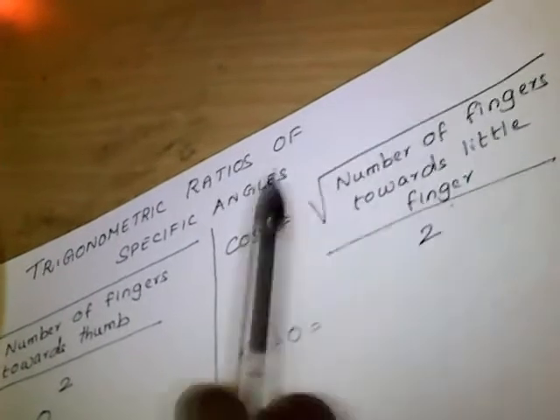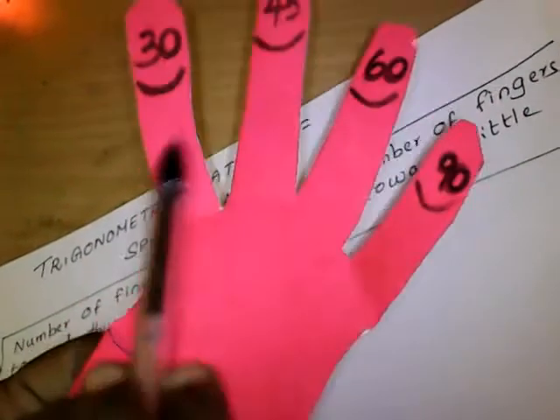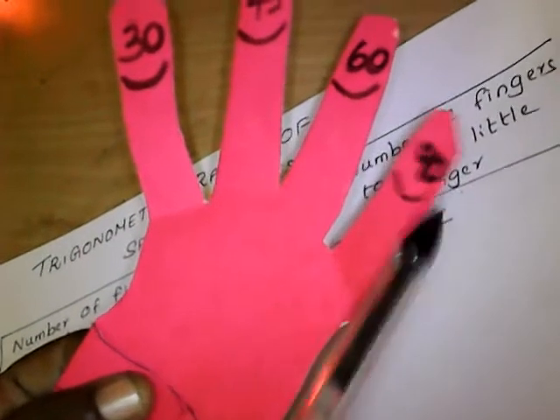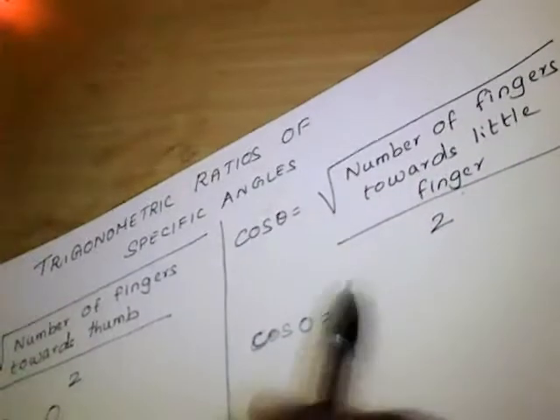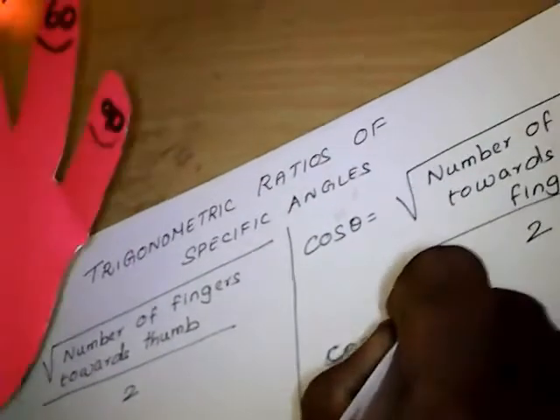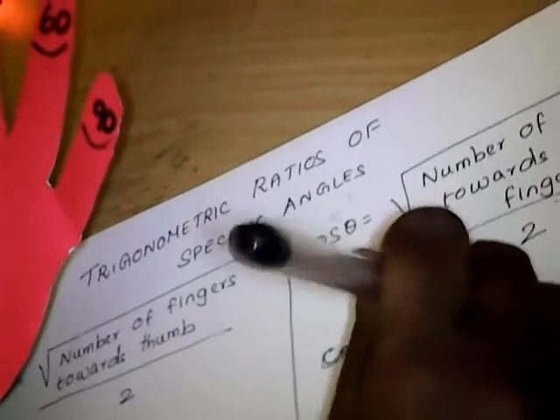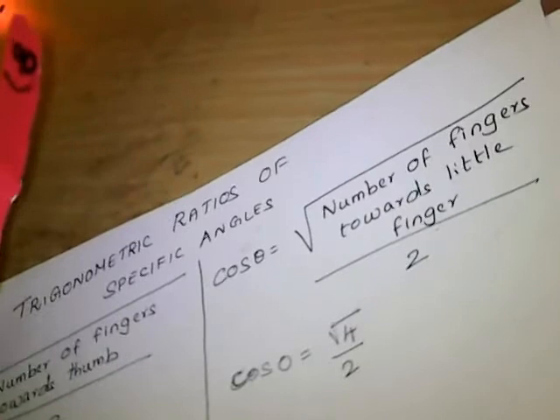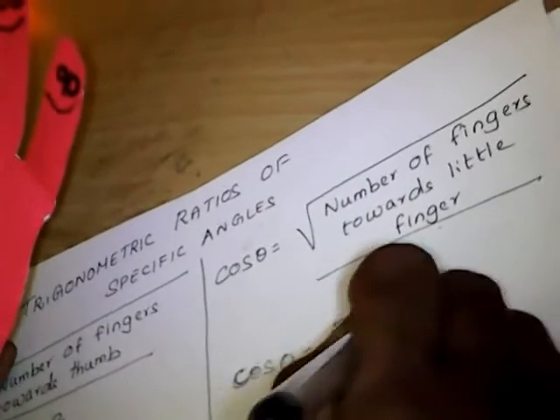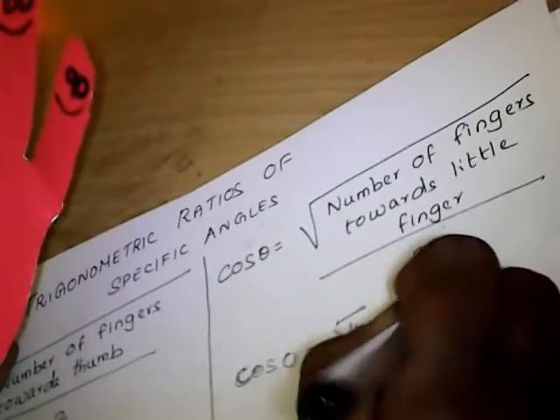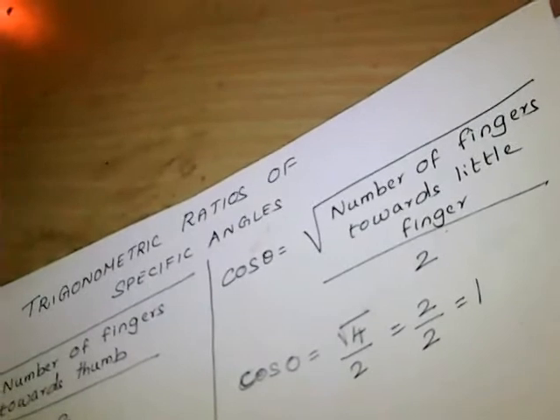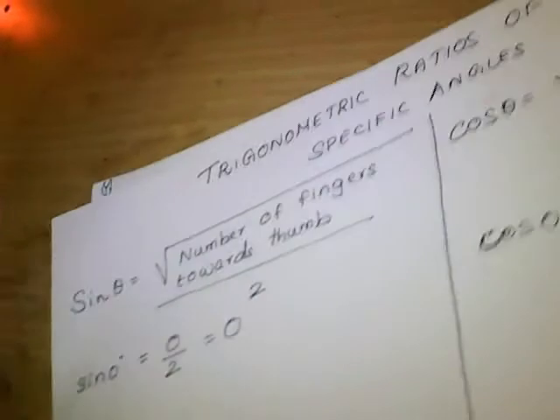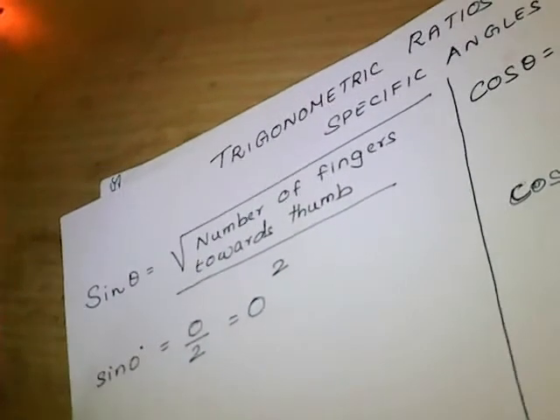Towards the little finger, how many fingers are there? 4. So, I am writing root 4 by 2, which is 2 by 2, which is nothing but 1. So, cos 0 is 1, sin 0 is 0. Next, I will calculate sin 30.